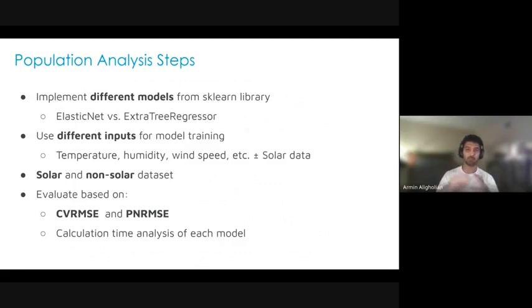Inside each population analysis, we have around 1,000 meters. At the end, we evaluated the models based on CVRMSE and one thing that we introduced, PNRMSE, which is percentile normalized RMSE, which I'll explain in the next slide. And we looked at the calculation time for these models.